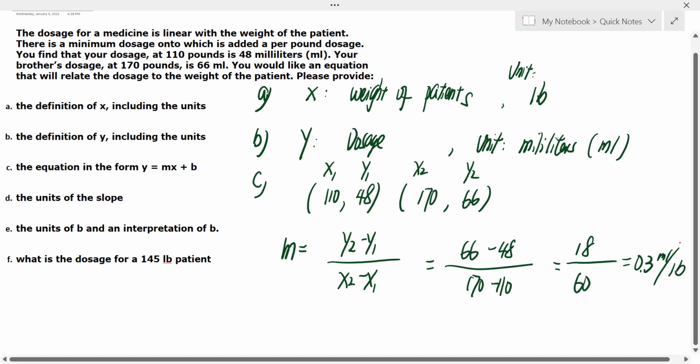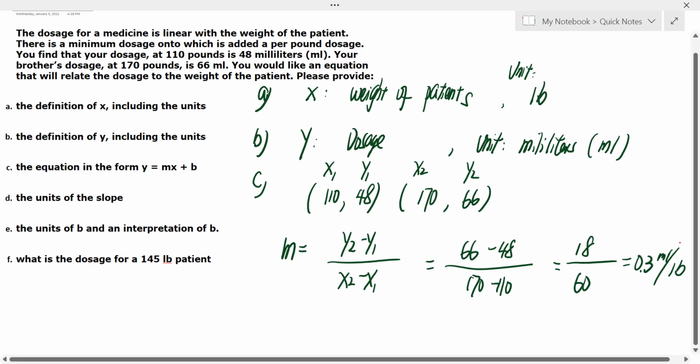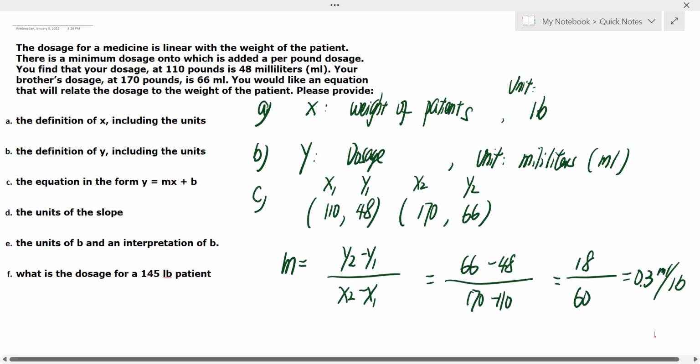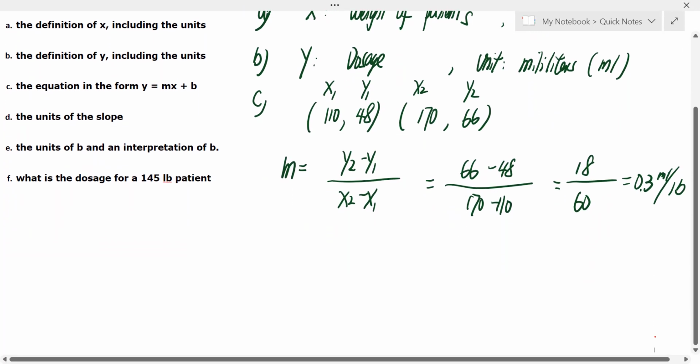And remember, y value is the dosage in milliliters, and x value is the weight of the patient. Okay. And we're not done yet, right? So far, we only know the slope, and then we can use the point slope formula to get the y value here. Okay, so we're going to do y minus y1.